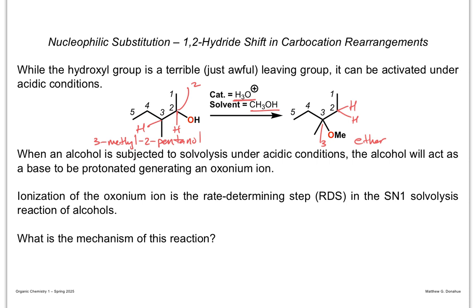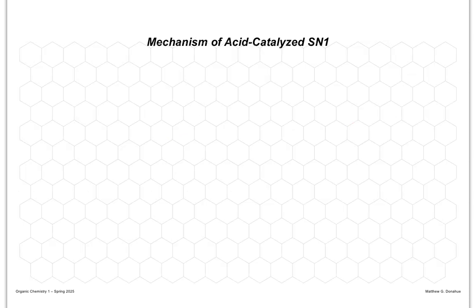So under acidic conditions in solvent, the hydroxyl group can ionize through this oxonium ion intermediate that forms a carbocation that we then have to evaluate. So what's our mechanism here?